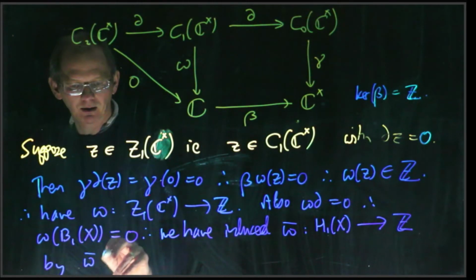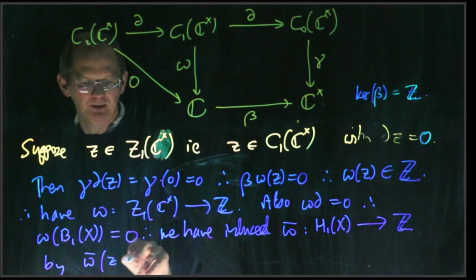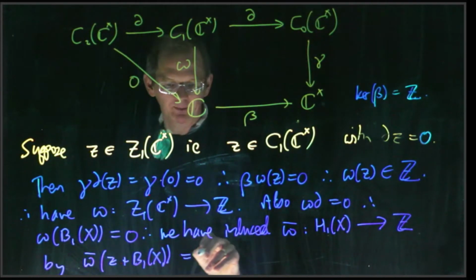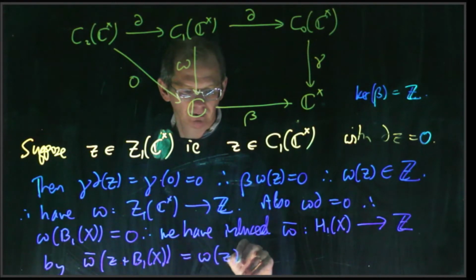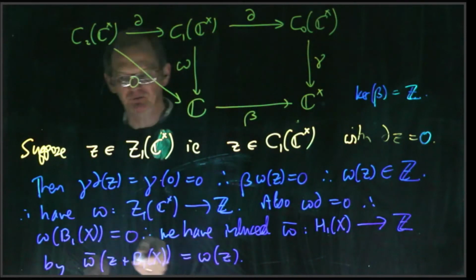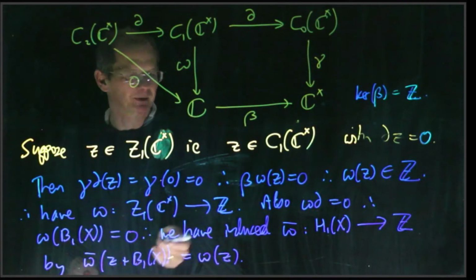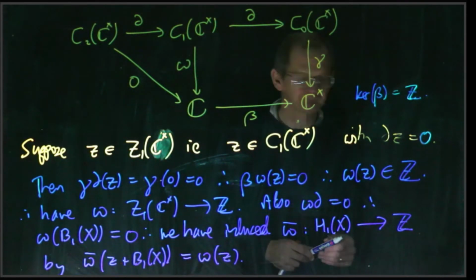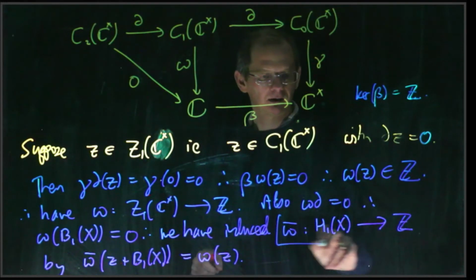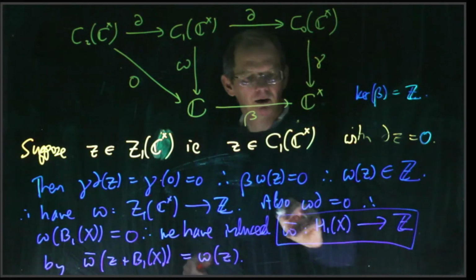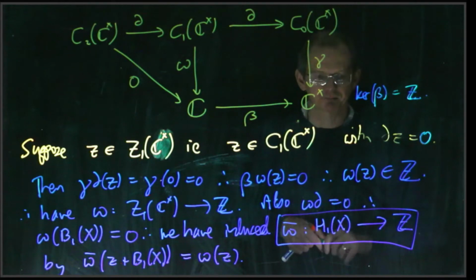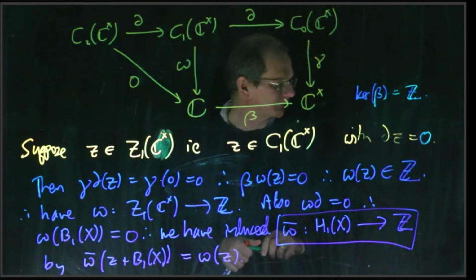So omega bar of a coset z plus B1(X) is just omega of z. And it doesn't matter which representative you choose, because the difference between any two representatives will lie in B1(X), and so will be sent to 0. Okay, so now we've got this homomorphism omega bar, and the next challenge is to prove that this omega bar is actually an isomorphism.